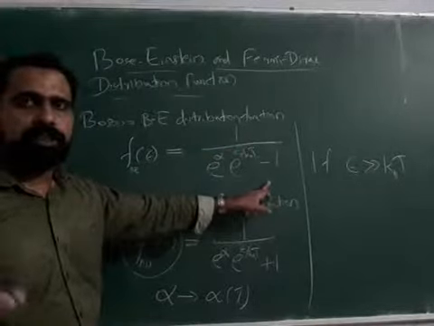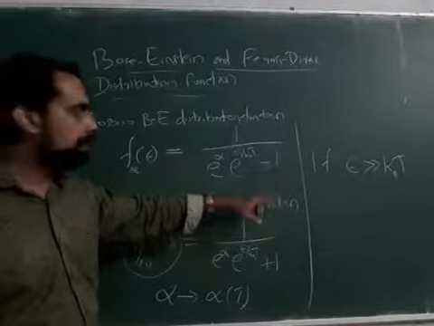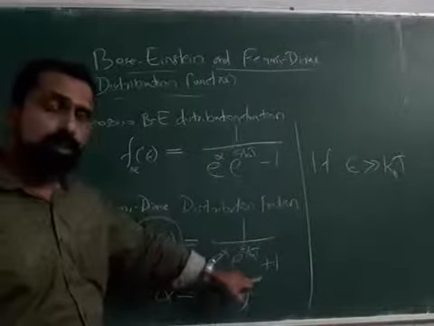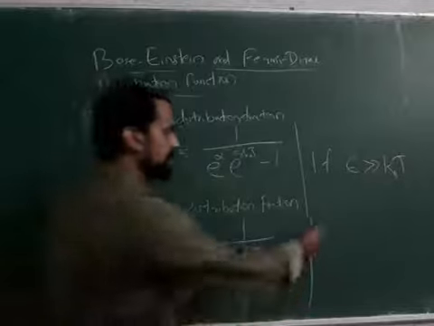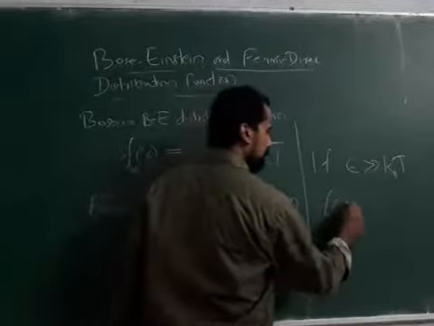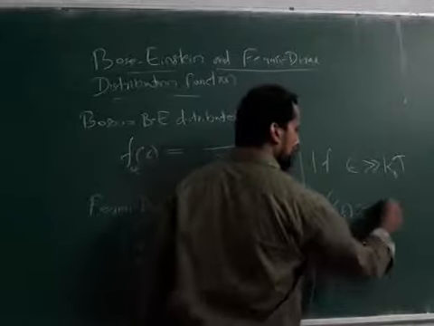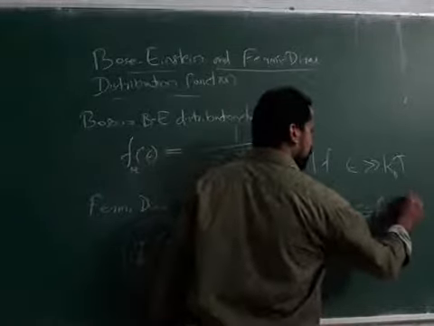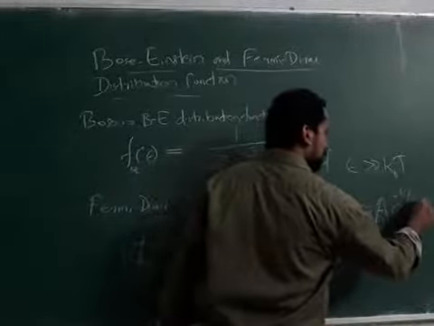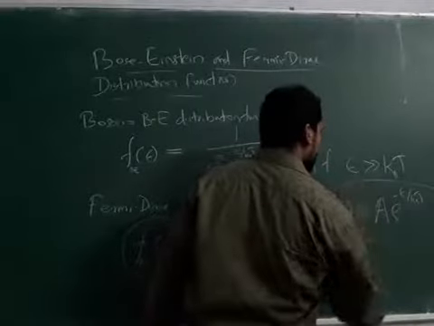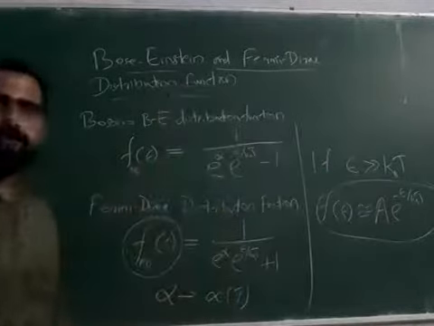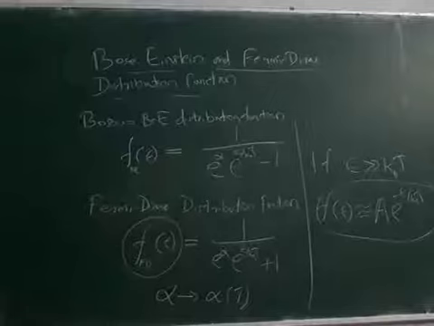This one you can discard. Here also you can discard this one. So eventually it will return to f of epsilon equals A e raised to minus epsilon by kBT. That is our Maxwell-Boltzmann distribution function. So that is the thing.